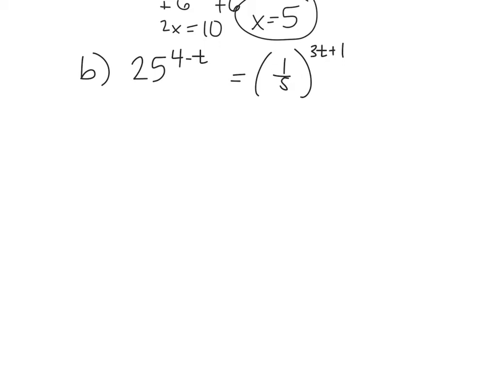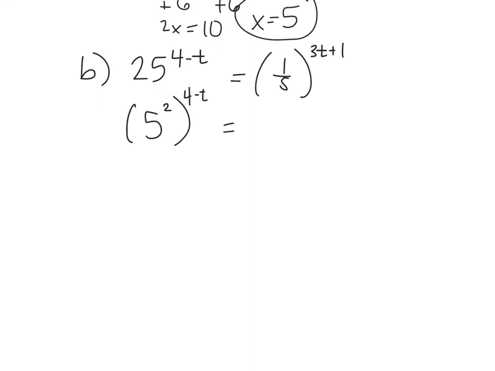So in this case, let's think about what number raised to an exponent gives me 25? Well, 5 squared gives me 25. So I'm going to aim for a base of 5. So I have 5 squared, because that was 25, raised to the 4 minus t.